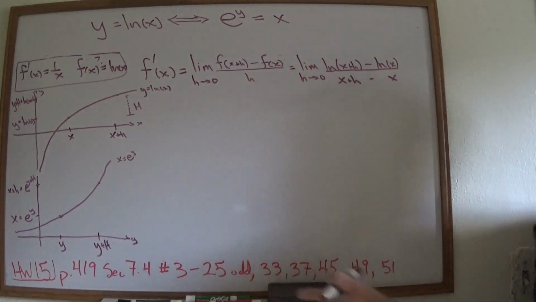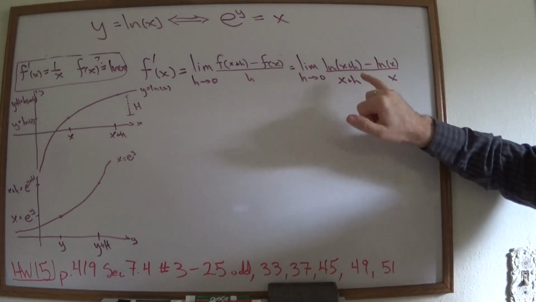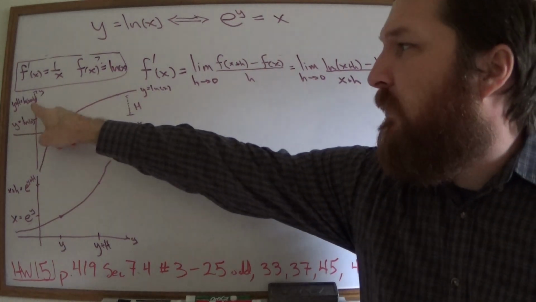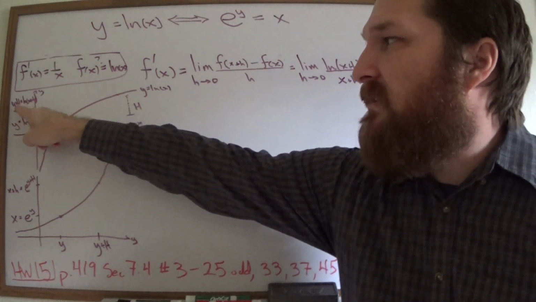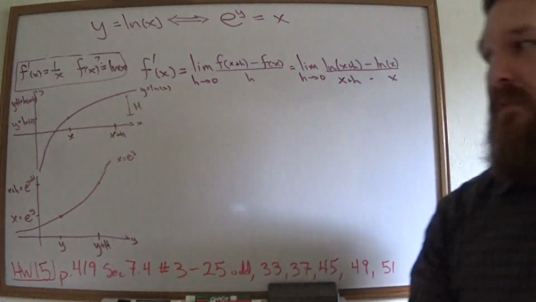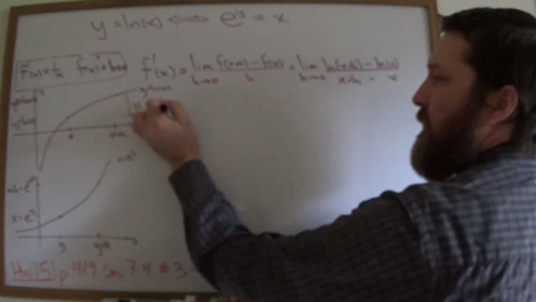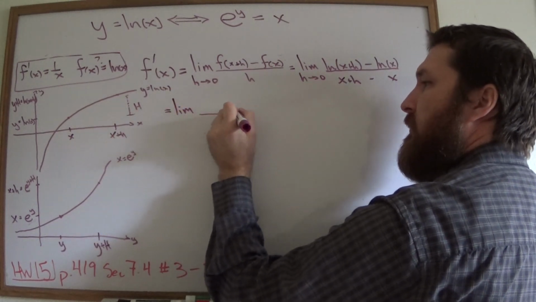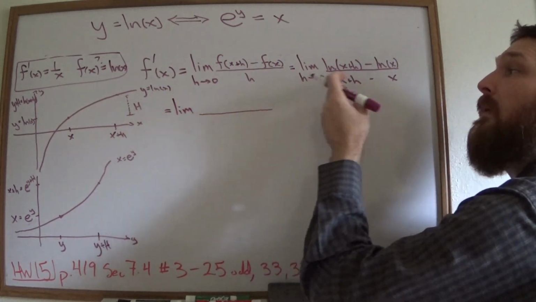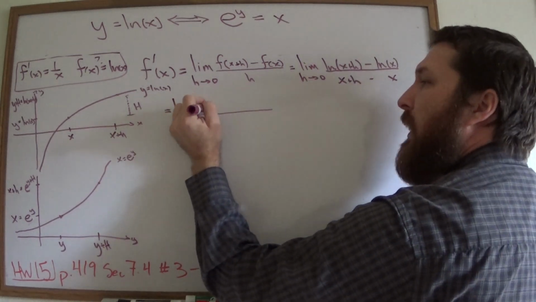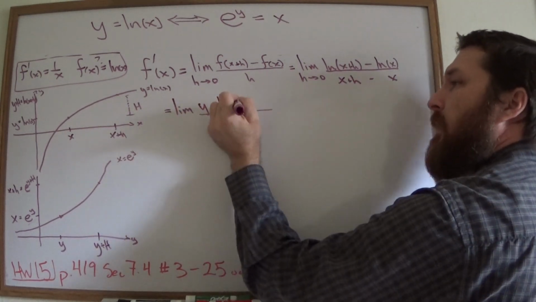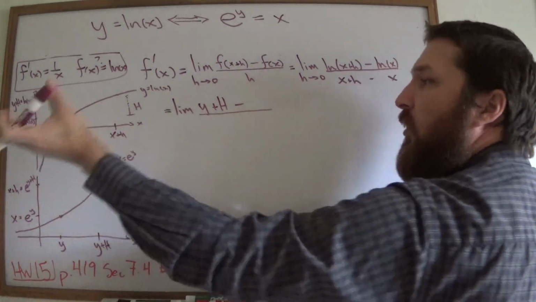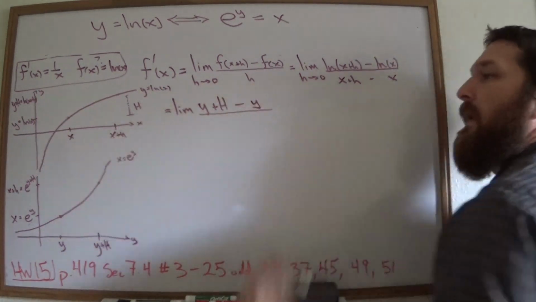Now, let's just see what happens. We just said that log of x plus h is some number y plus some number big capital H. Okay, so this is the limit. So I'm just going to rewrite this. Maybe it'll help me, maybe it won't. I'm going to call this y plus big capital H minus log x the thing that we're calling our new y, right?